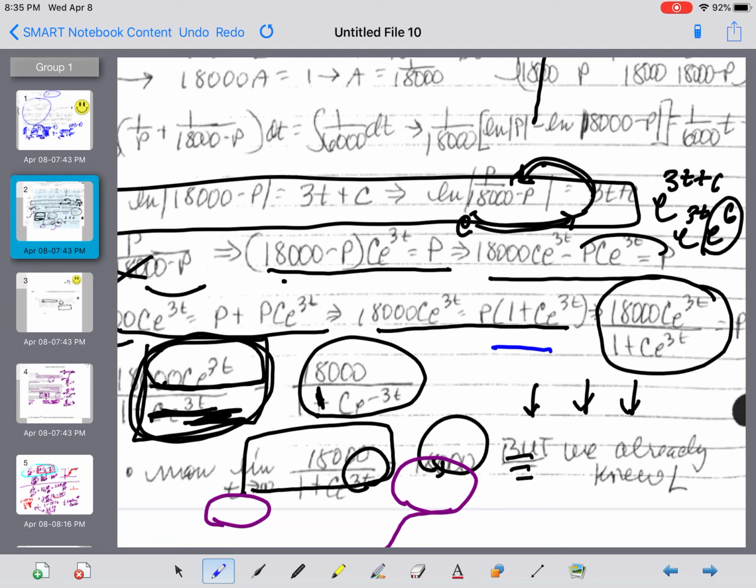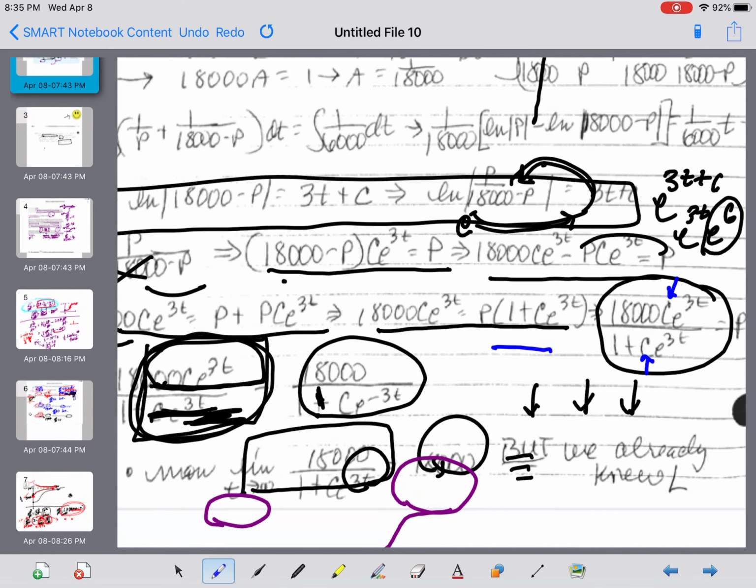But once I know my initial population, I would find this C, which would lead us into what we have. I'll be showing you that on a more specific one. But the good news is that there's a way to actually get that equation, and we will definitely be doing it. Having said all of that, let's definitely do one.